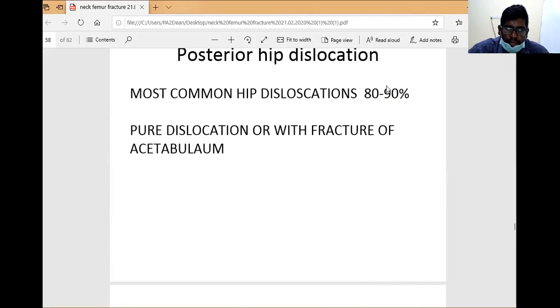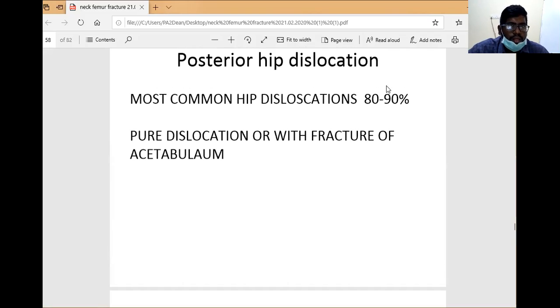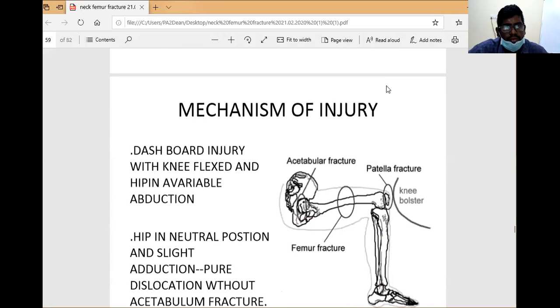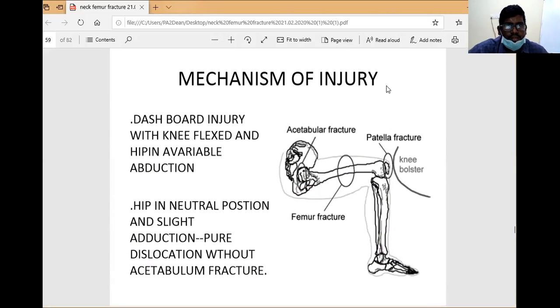Whether the hip dislocation is an isolated hip dislocation or associated with acetabular fracture depends on the position of the limb during the road traffic accident, during trauma. Most of these injuries occur during dashboard injuries. While driving a car, the hip is in flexion and the knee is in flexion.